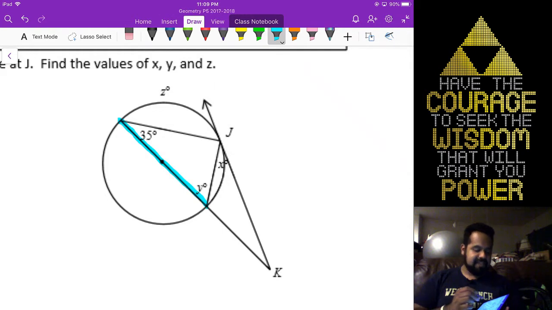So this diameter is telling me, hey, this half is a semicircle. Don't keep that highlighted, I'm just showing you. So that means since I have a triangle inside of that semicircle, here's a right angle. So we can actually solve for y right away.